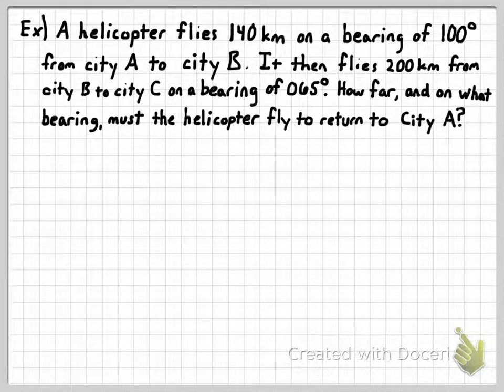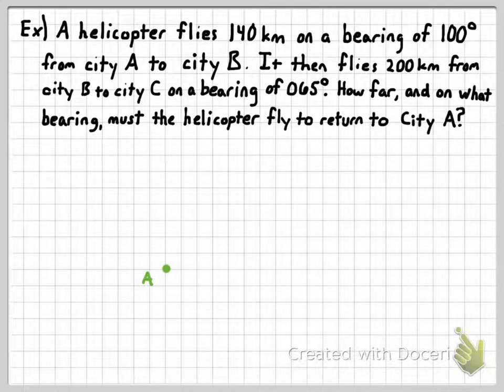What I want to do is begin by labeling city A. So let's put a point here, and let's call that city A. And then I want to show that we're traveling from city A to city B on a bearing of 100 degrees.